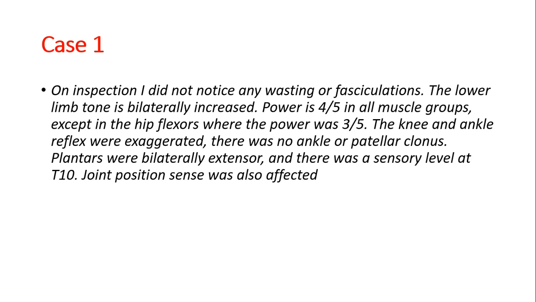Below what point? The arms are not affected, only paraplegia. So the lesion has to be below the lowest level that supplies the arms. T1. So now the lesion has to be between L1 and T1.